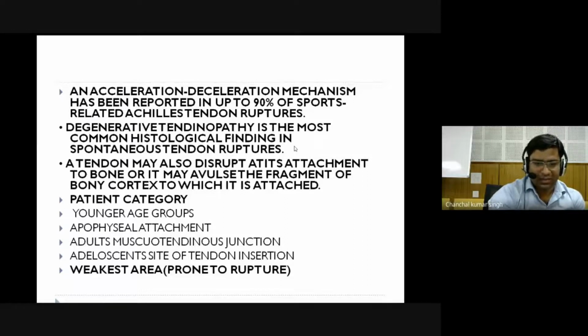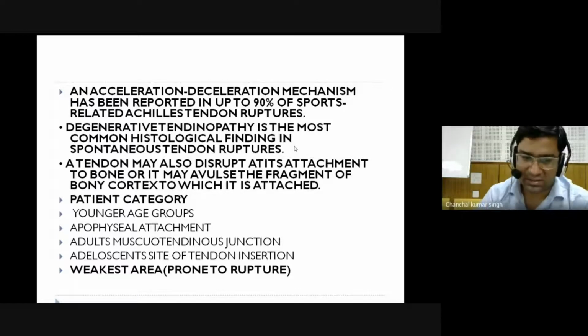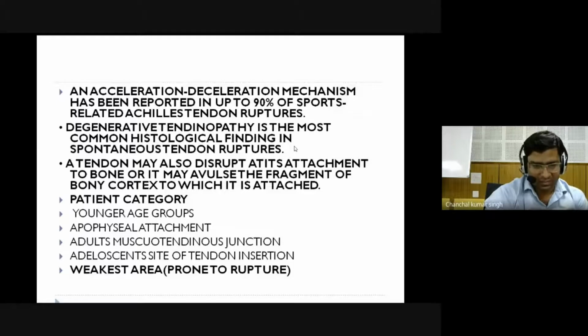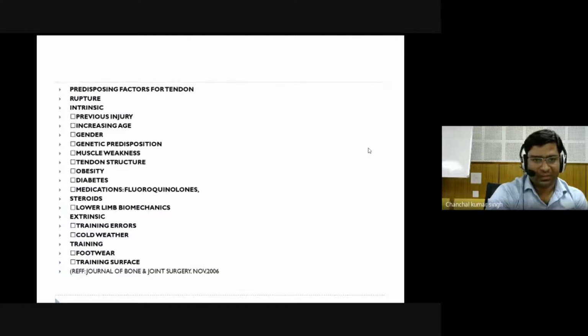In adults, it occurs at the musculotendinous junction because of the excessive muscle pull. And in the later half of life, on the osteoporotic side, you have a mid-substance tear or a tear at the insertion because of degenerative or age-related changes. Whichever is the weakest area in that particular age group is going to be more prone to rupture.